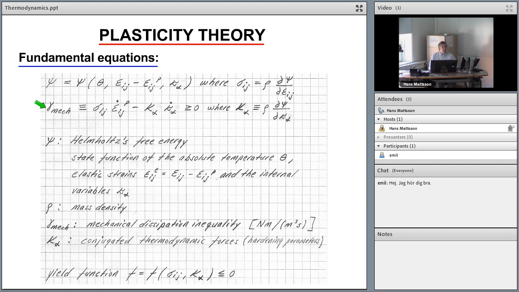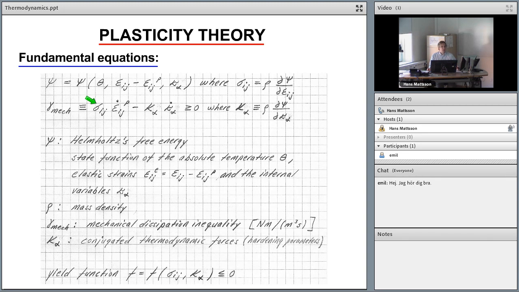the mechanical dissipation inequality that also comes from the second law of thermodynamics. And the mechanical dissipation inequality is defined as the stress tensor times the increment of the plastic strain tensor. See, dummy indexes, so it's a contraction here, minus the conjugated thermodynamic forces.